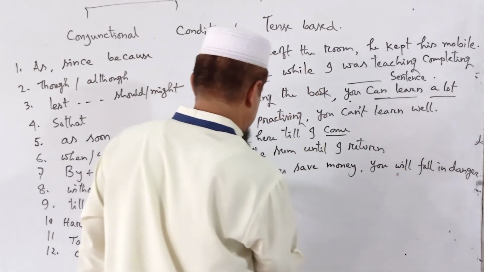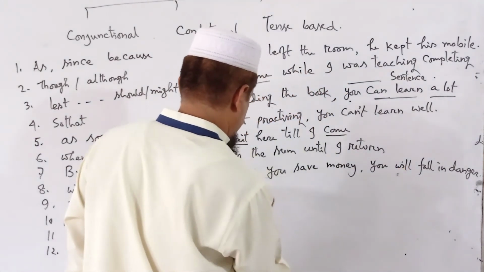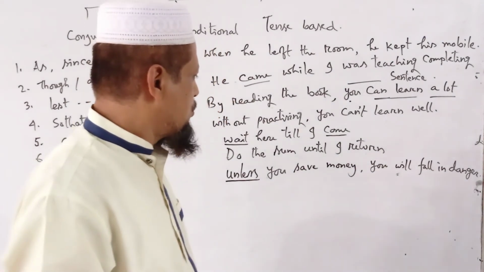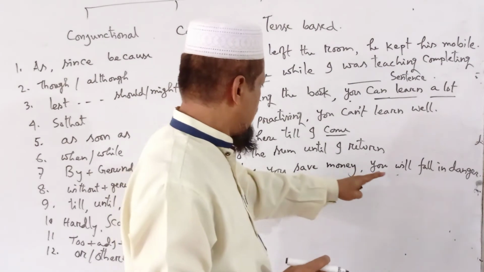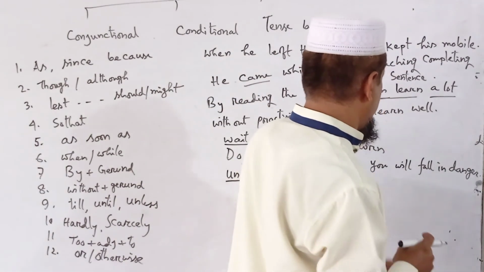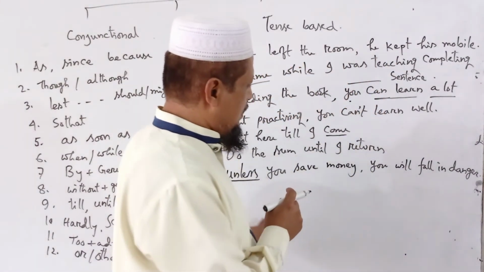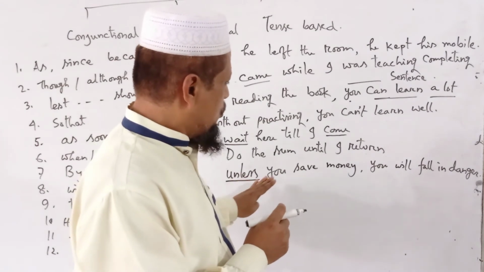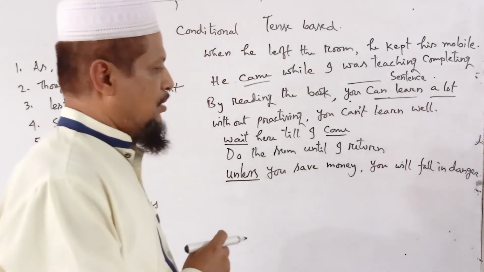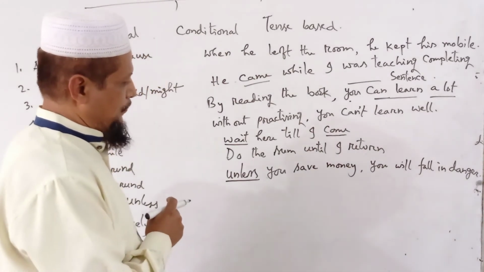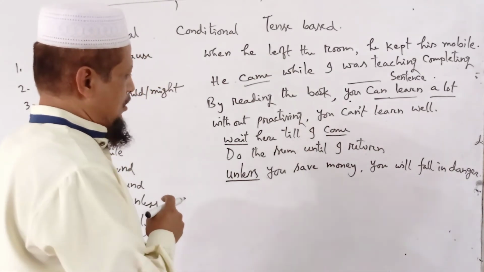As unless carries the negative meaning, I can use only positive meaning. Unless is already negative, I cannot use another negative. Unless is originally negative, so you should not use another negative to complete the sentence. You can remember it, otherwise it will be incorrect.